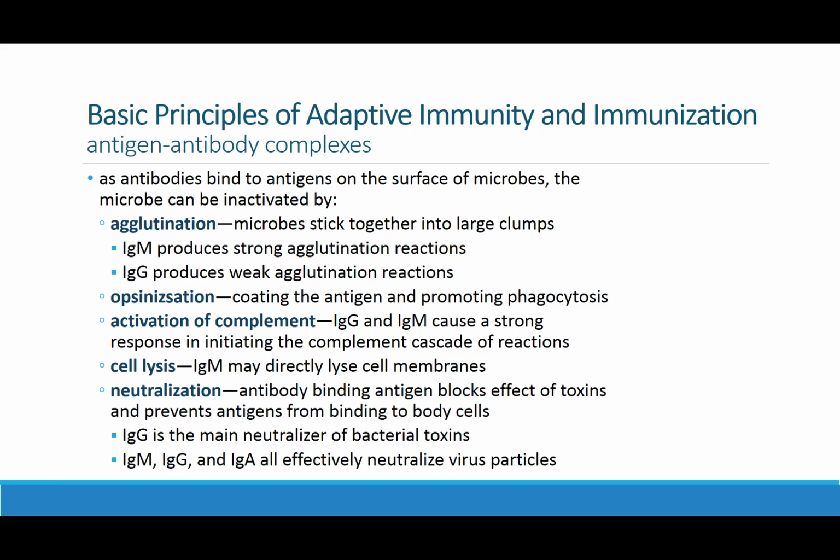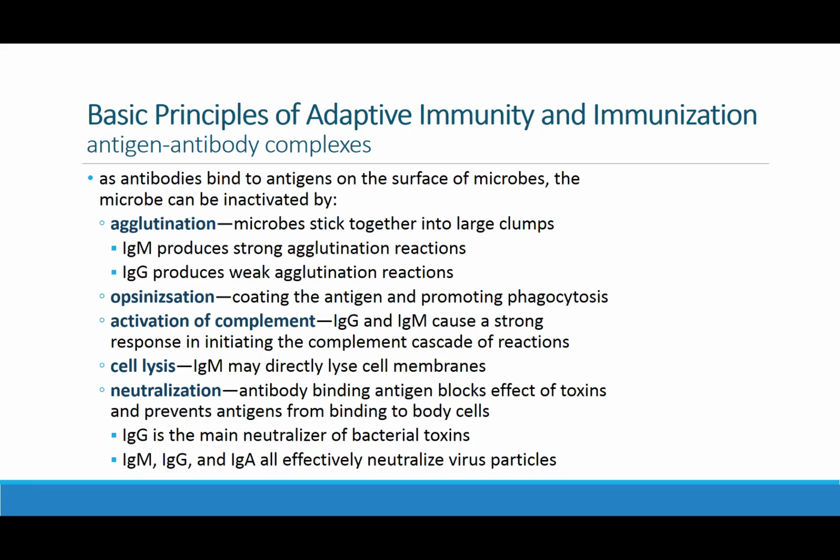As antibody binds to antigens, the microbes that the antigens are found on are inactivated in several ways. Through agglutination, microbes are all glommed on by antibodies into big large clumps. IgM is capable of producing very significant agglutination reactions.